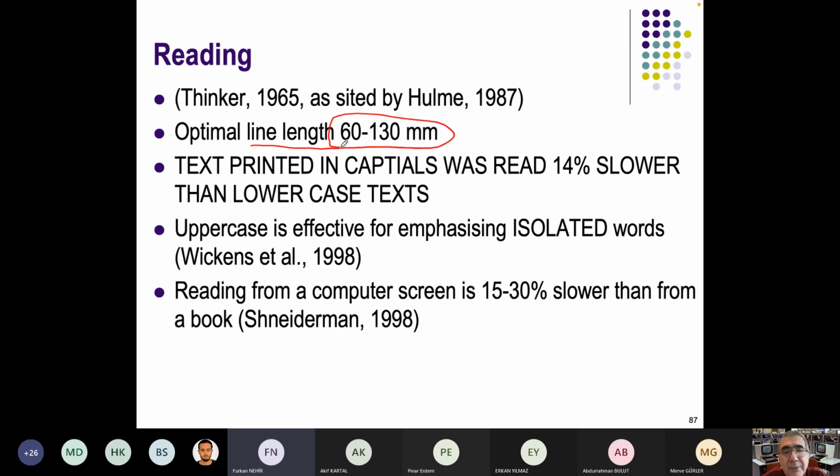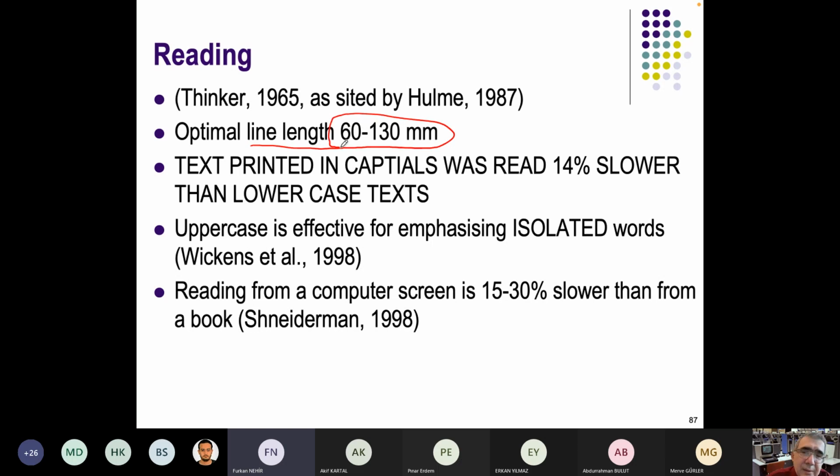Uppercase is effective, therefore, for emphasizing words such as labels, signs and orders, etc. So if the text must be given in an isolated manner, then uppercase is good.